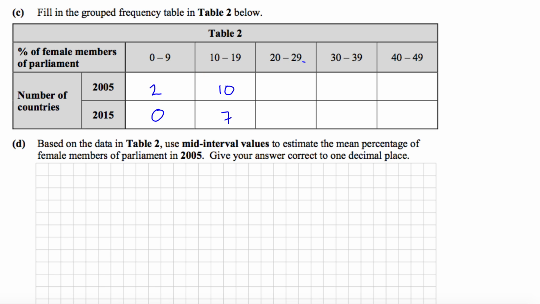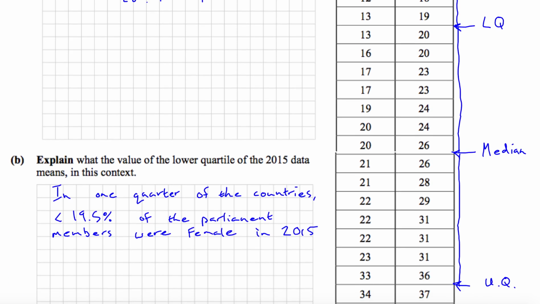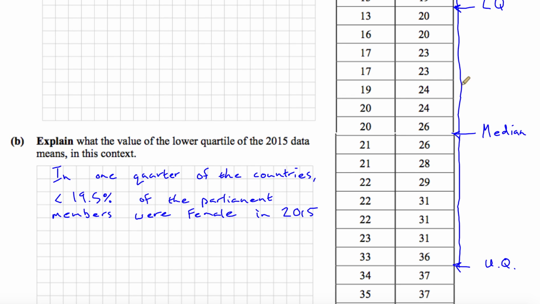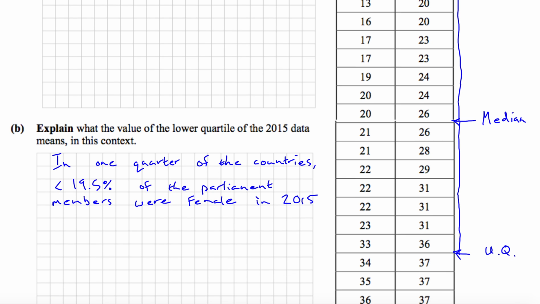Now we're looking at the 20 to 29 group. So the 20 to 29 group, we have 1, 2, 3, 4, 5, 6, 7, 8, 9, 10 in the 2015 group.